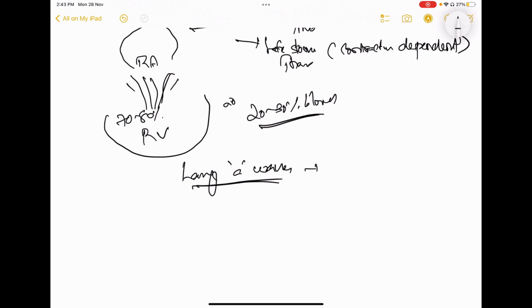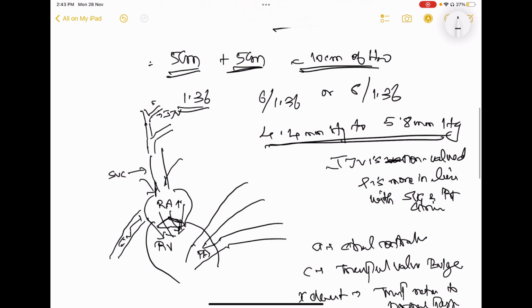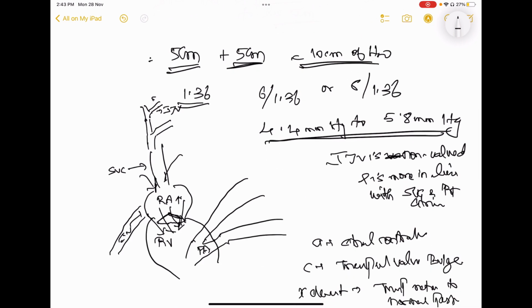Like, for example, you can see large A waves in tricuspid stenosis, pulmonary hypertension. The reason for that being, when the tricuspid valve is stenosed, the right atrium cannot empty properly, so there is back pressure, and that gets transmitted all the way back to the IJV, and you can have a large A wave.